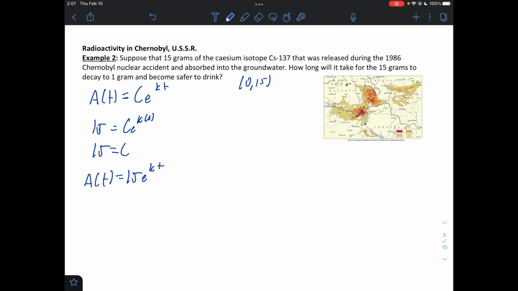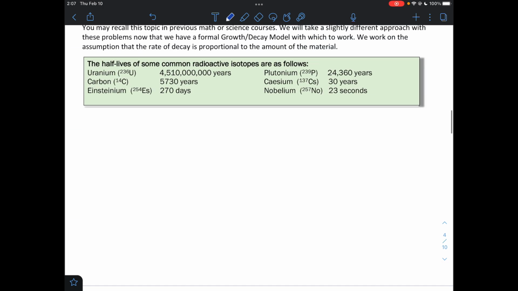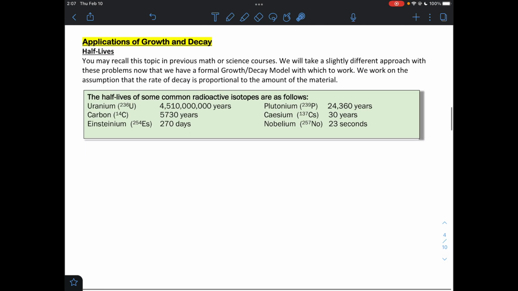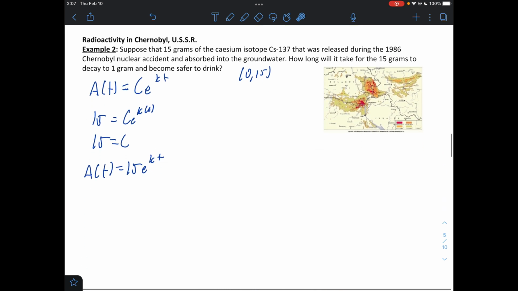Okay, so now we can look back at the table. Cesium is 30 years, right? So after 30 years, half of that would be left, 7.5. We can use that to find k. 7.5 equals 15 e to the 30k.